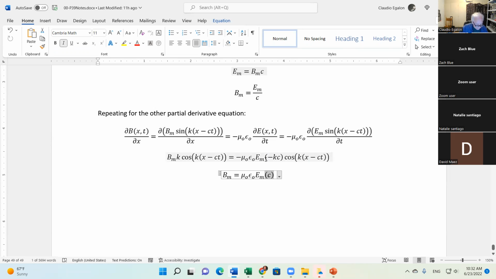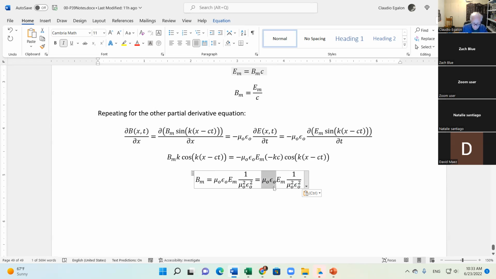Let's not forget that c is, okay, let's get it. c is the inverse of the square root of mu naught epsilon naught, right? No, it's not what I want. Let's see if we get it or not.